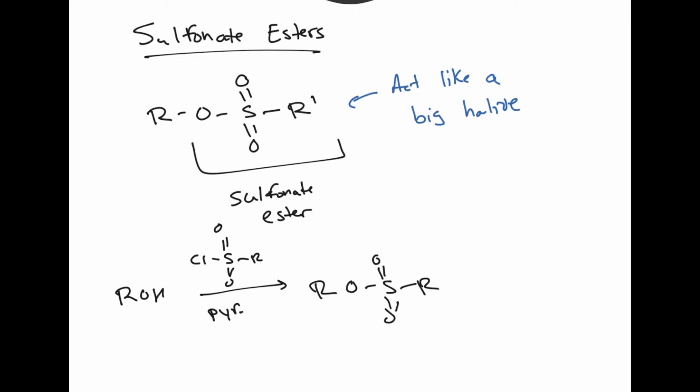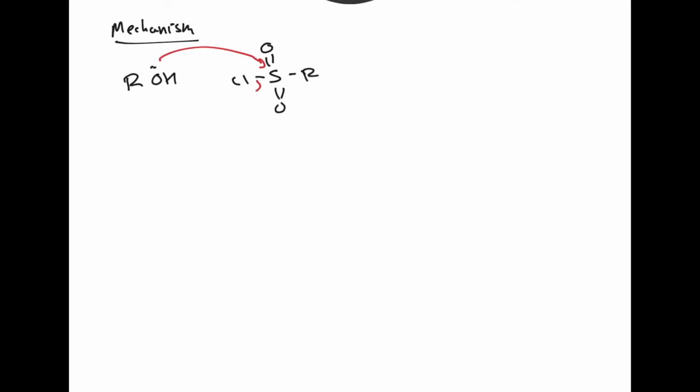The mechanism is pretty straightforward for this. Right, so you have your alcohol and your chloride, and you add to the sulfur, kick off the chlorine, and then the pyridine that you have does what it's done in all of our examples thus far.